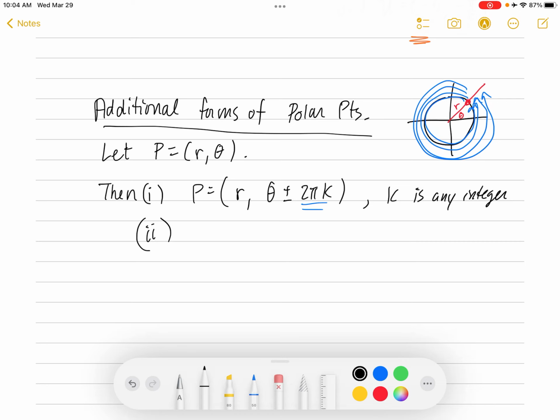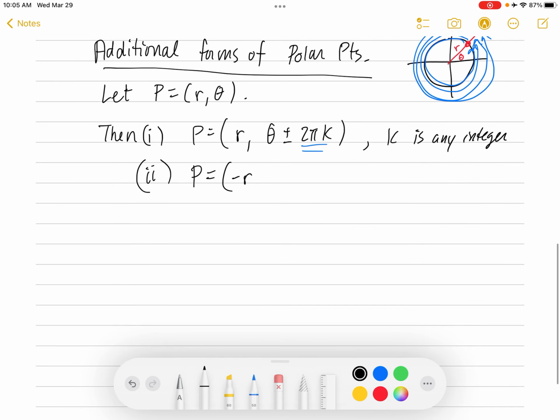Number two, if I decide to switch my r value, what happens? Let's say I've got a point here. There's the r, there's the theta.